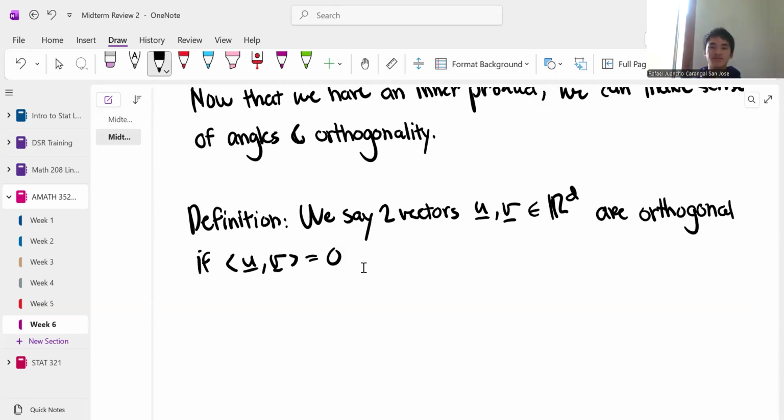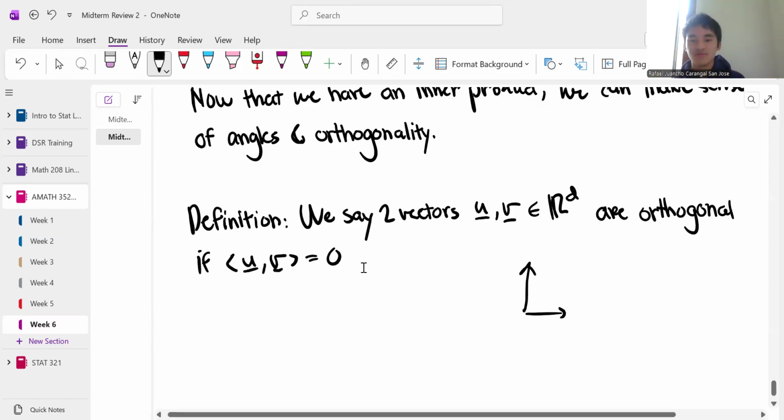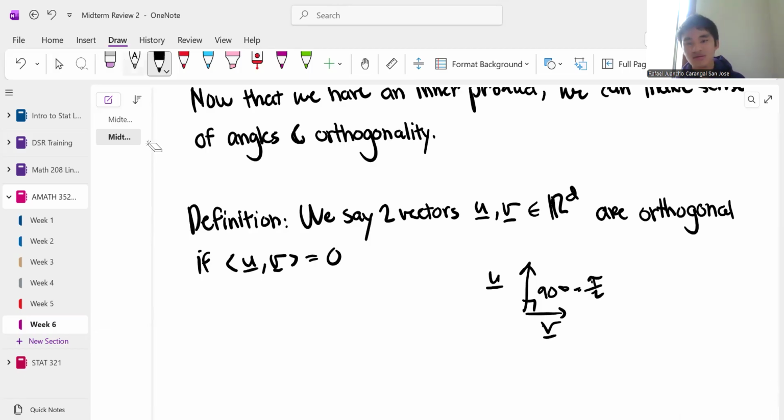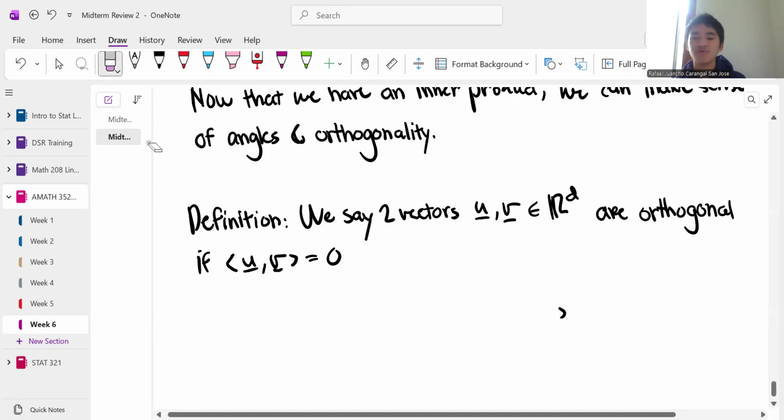So that's the relation of inner product to orthogonality. And when we say the two vectors are orthogonal to each other, that means that this U and this V make a 90-degree angle, or pi by half radians, I think. Yeah, pi by half.